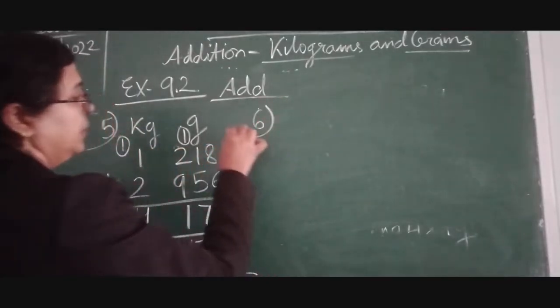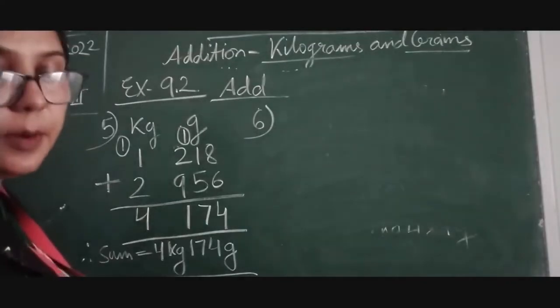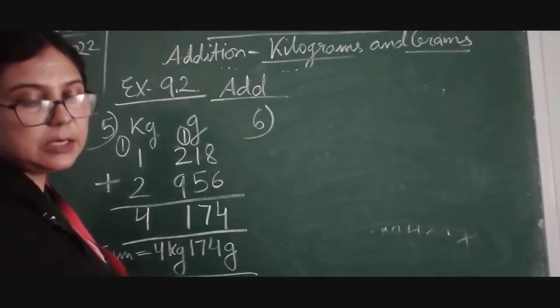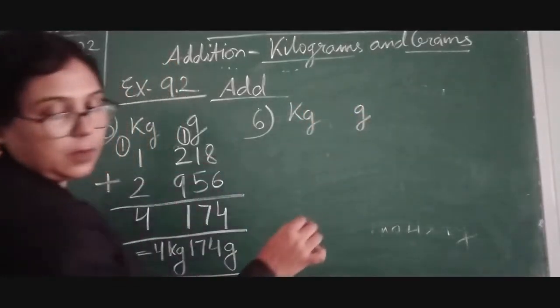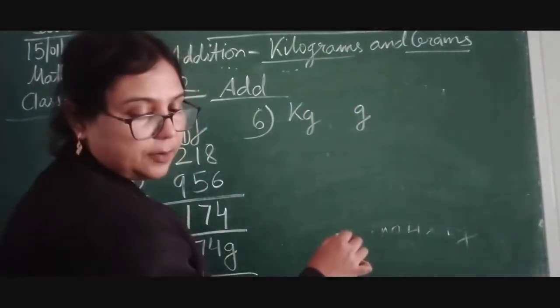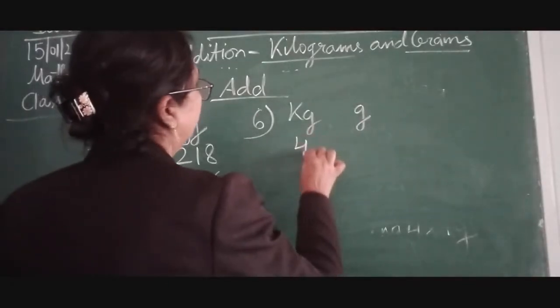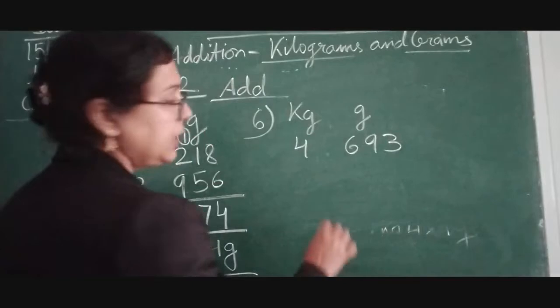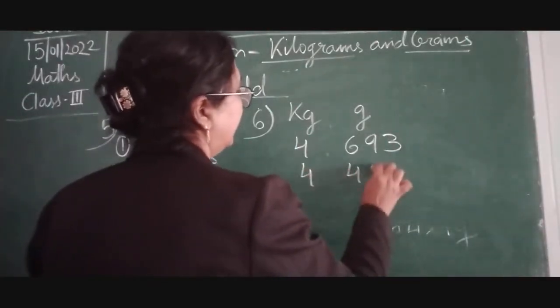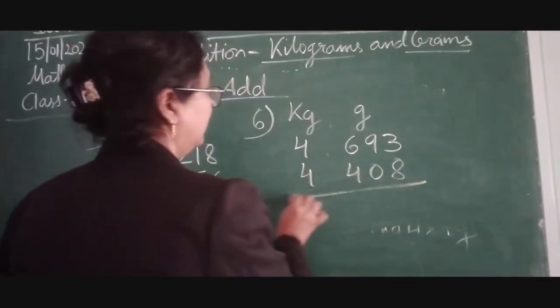Now sixth number, okay, sixth number we will do now, that is kg and gram once again. 4 kg 693 gram. Now 4 kg 408 gram, okay.